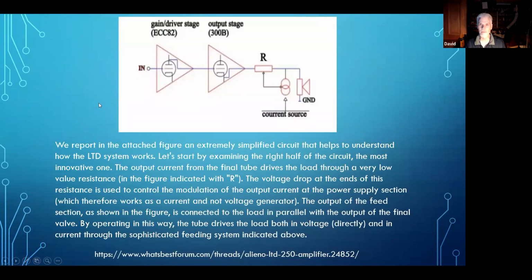Well, this is what they're doing. They've got their 300B output stage, and then they're sensing the output current from that, and then they're obviously amplifying the heck out of it to drive the speaker. They're claiming that they have no feedback. They claim it's an all-tube amp. It's not a hybrid.